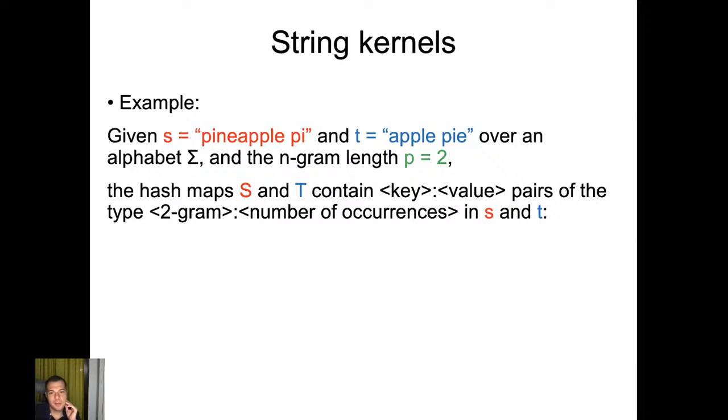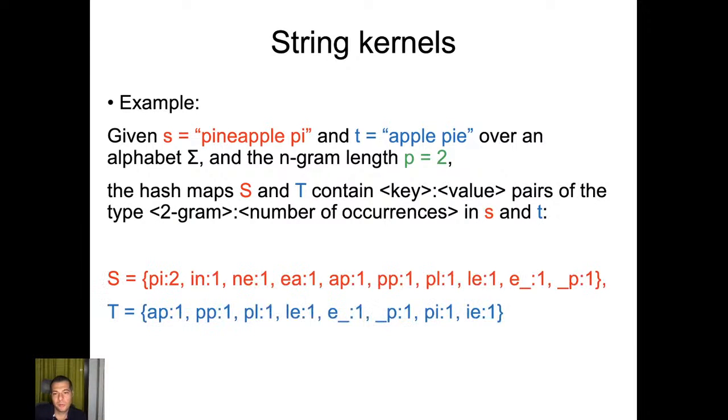So we build this dictionary of key value pairs for each of the 2 strings. The dictionary can look something like this. Here we have one example where the n-gram pi appears twice, so the number of occurrences is 2.